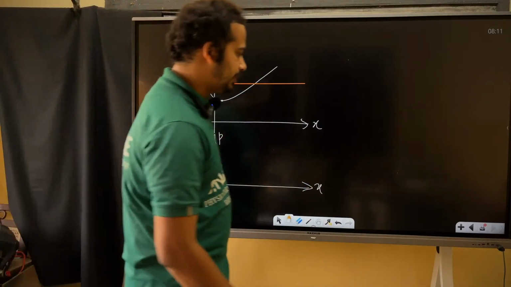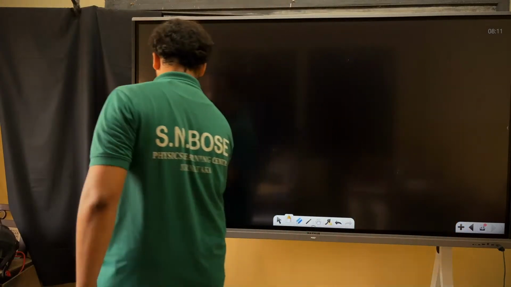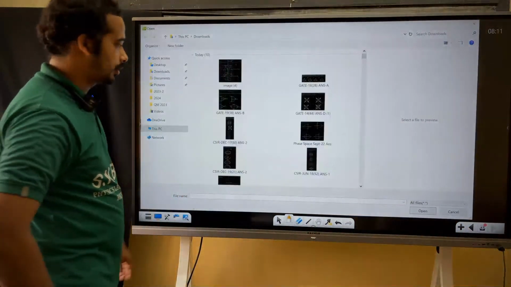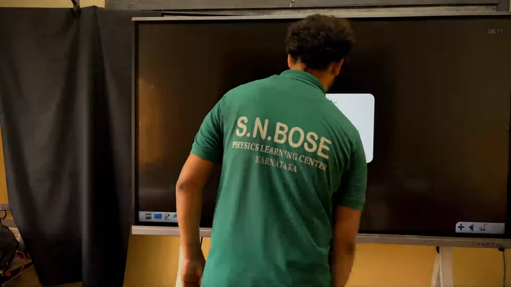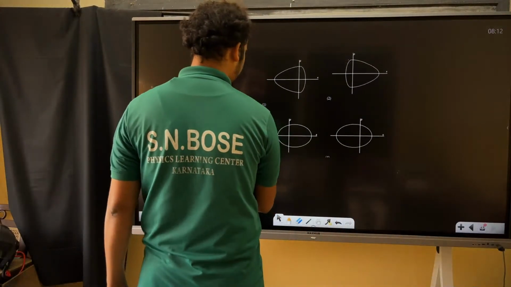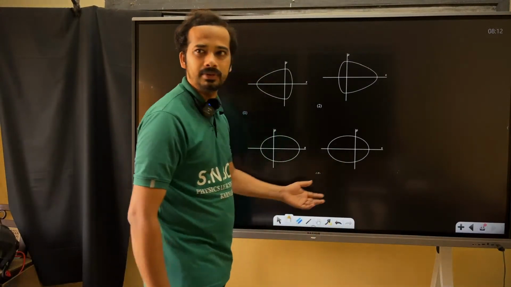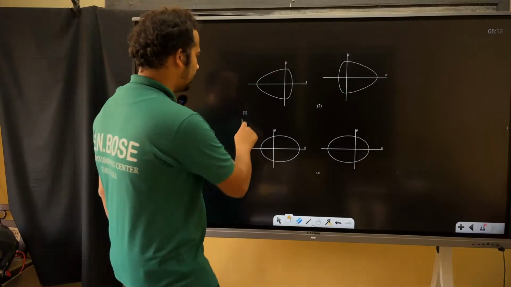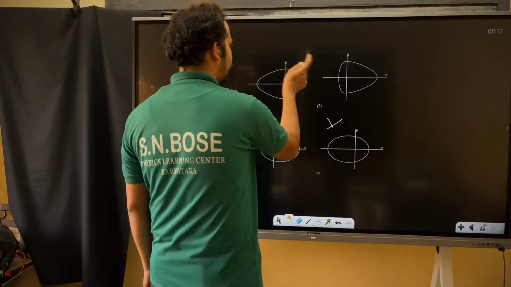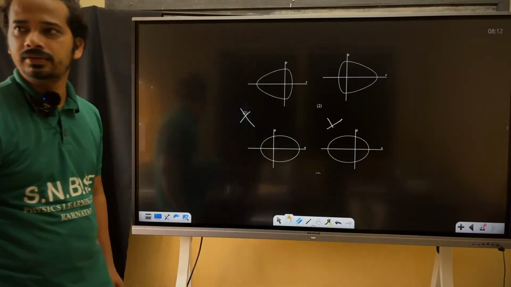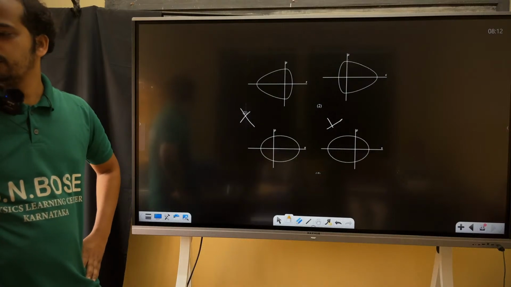Now, when you see the option, you need to observe very closely here. Look into this option. You can quickly avoid these two. How ellipse can happen? But among these two, you have question. Pick up which one you choose.